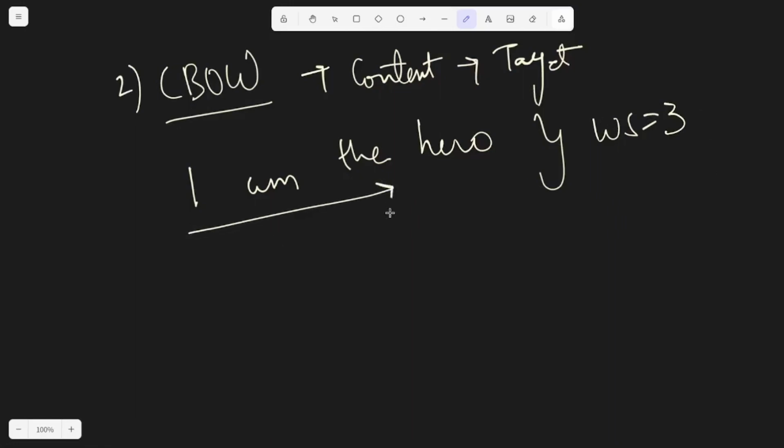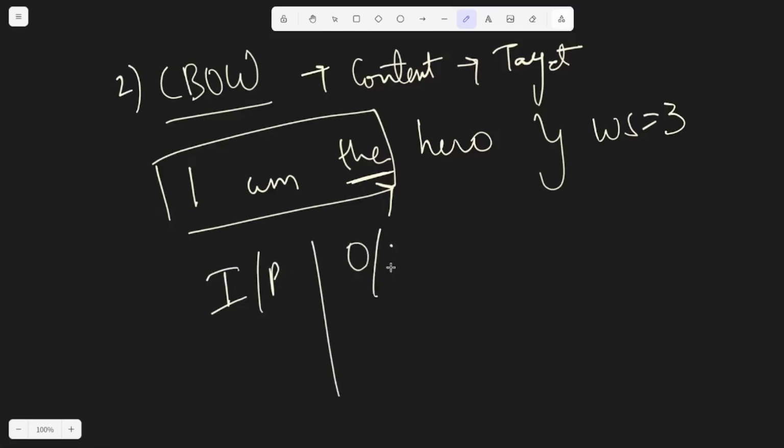So our first window would be this particular window, because 3 words. And what I would do is I would have a target word and 2 words that are able to predict the target word. So "the" will be my target word. Again, let's draw our input and output boxes, and these 2 will be my input words, and this will be the output, the word that has to be predicted by the neural network.